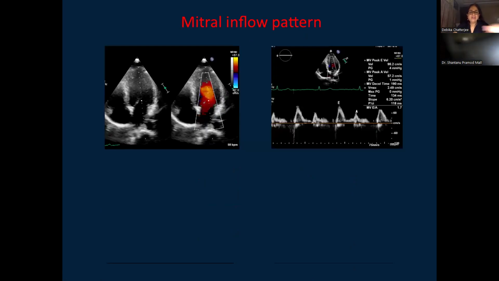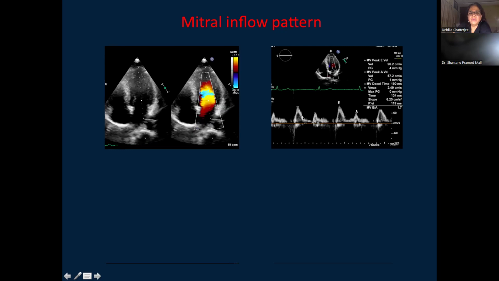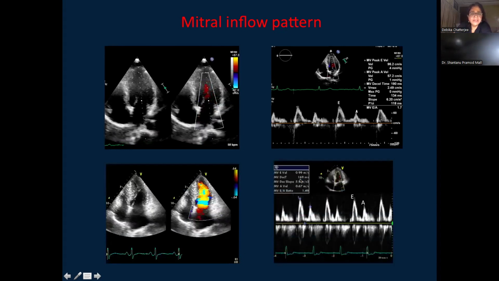Now, here you see a person coming for a heart checkup. Heart structurally is absolutely normal. He is normotensive, non-diabetic, non-smoker. E wave is more than A wave. But here is a patient. You see, there is an asymmetrical septal hypertrophy with the involvement of the mid-septum.